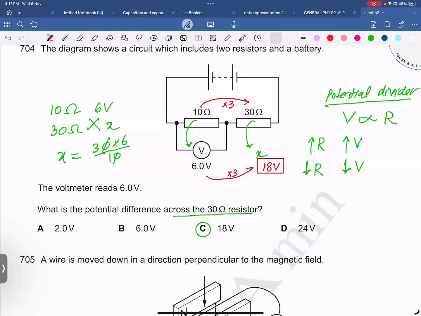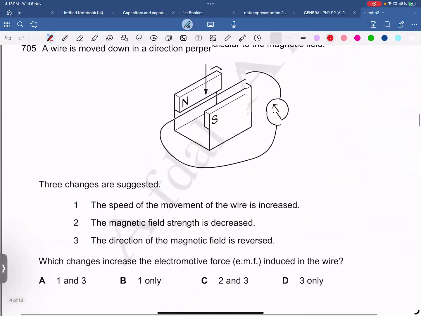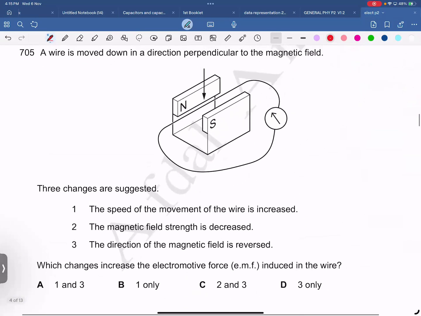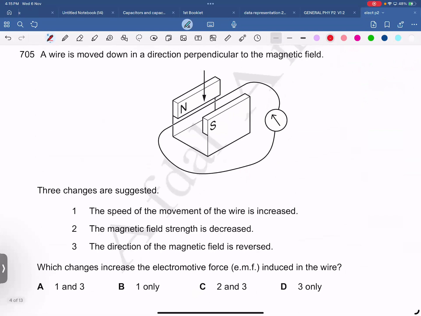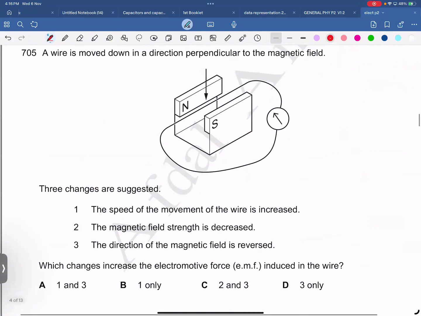Question number 705. It's electromagnetic induction again. The wire is moved in a direction perpendicular. I already told you, whenever you want to induce an EMF, the motion should be perpendicular to the magnetic field. All right, so three changes are suggested.